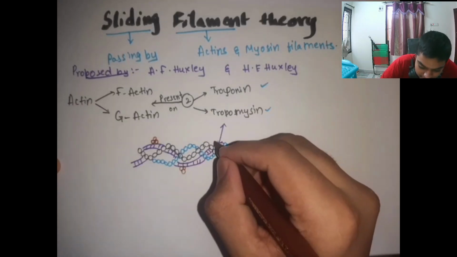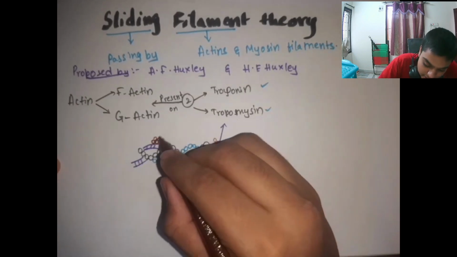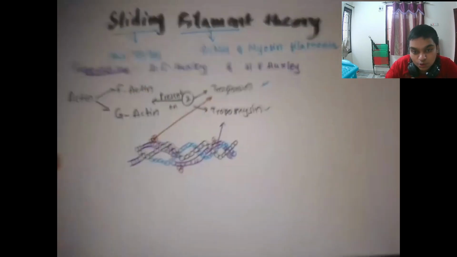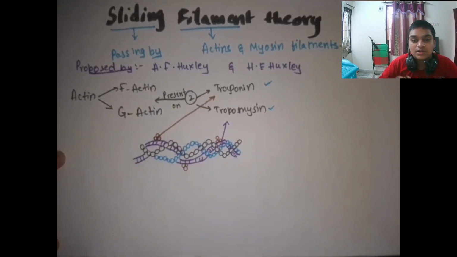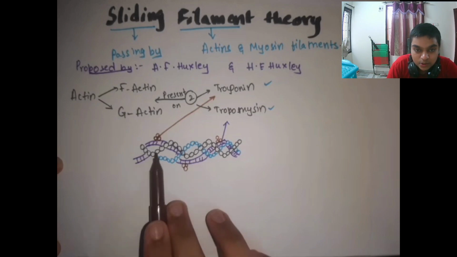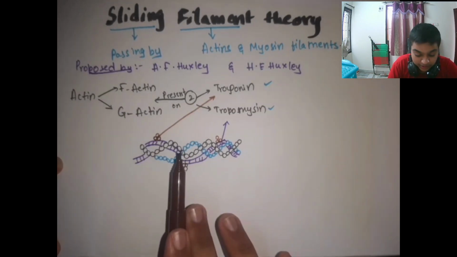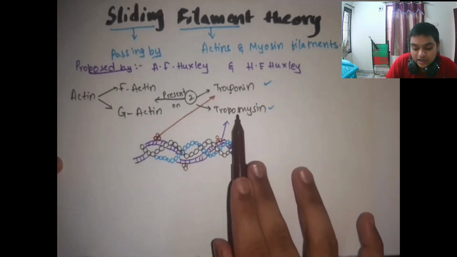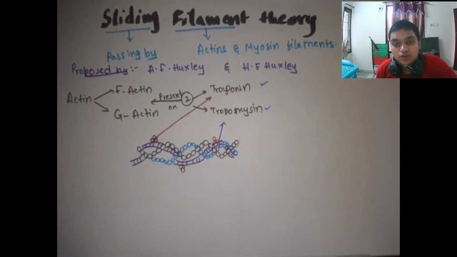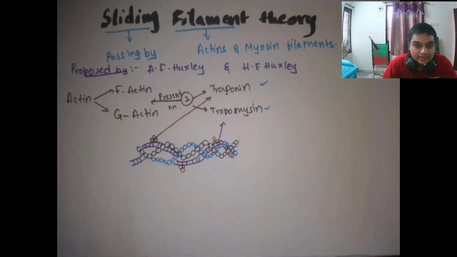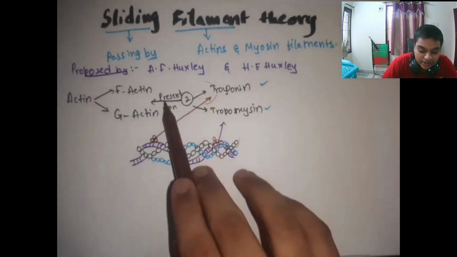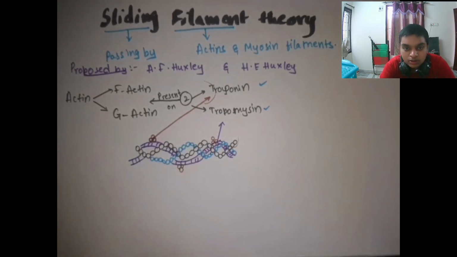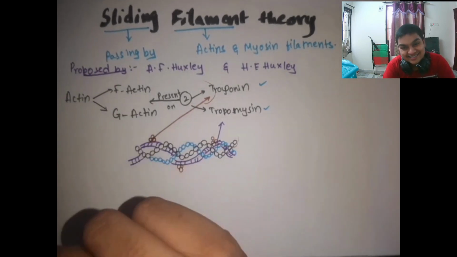The brown ones are troponins and the purple strand is tropomyosin. Hope you are getting it. This is how these two extra proteins, which help in muscle relaxation, are present on the actin filament itself.